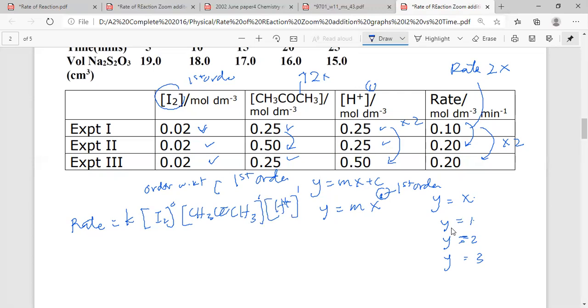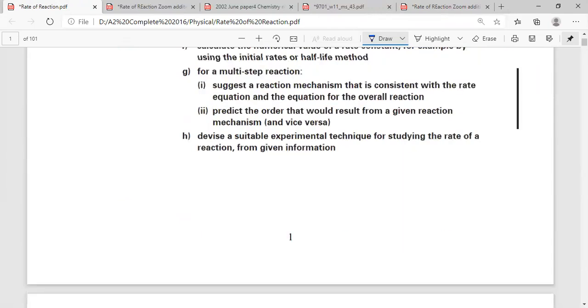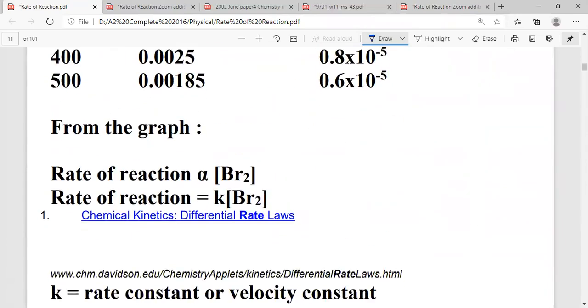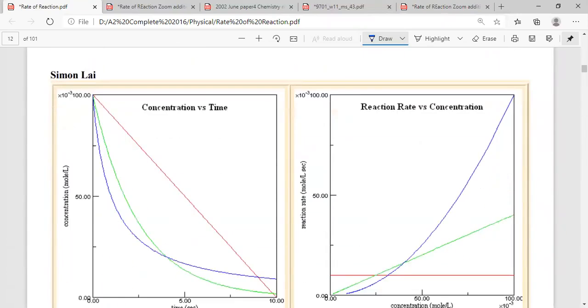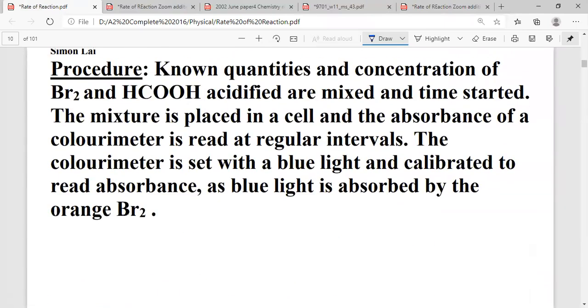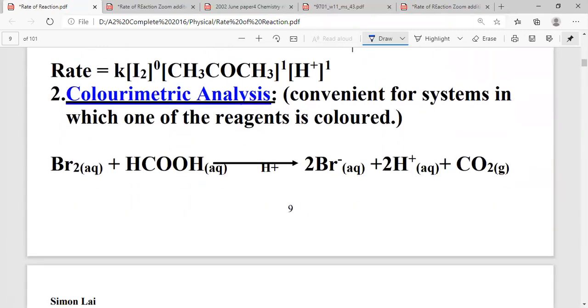I'm going to show you the second method to determine rate. Here, as I said, they actually ask you the method later in your A2. Now I will go to that first: colorimetric, using a colorimeter. In colorimetric analysis, at least one of the reagents must be colored, because the other one will interfere.